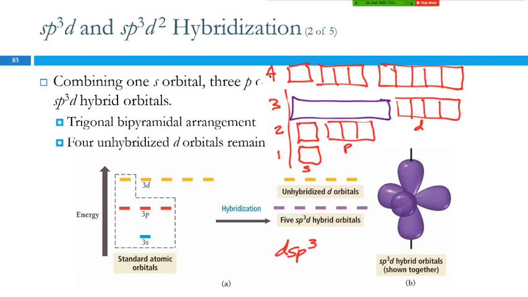I took in five different beds, and so I'm still going to have 5 different beds. And I'm left with these d orbitals just sitting there. They were sitting there empty before, and they're still sitting there empty now.